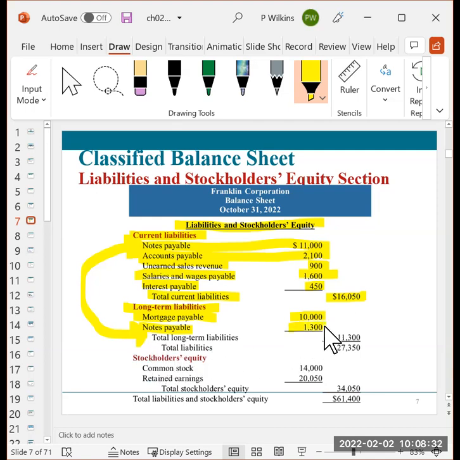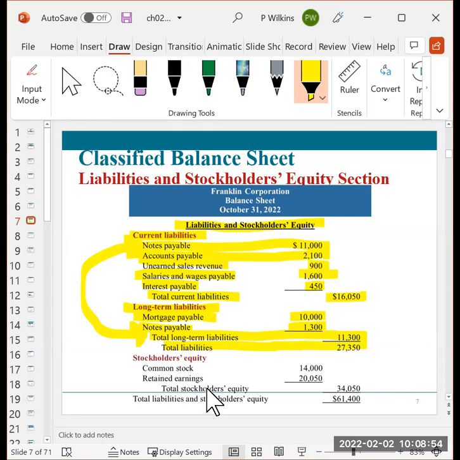So you list the long-term notes payable, add those two together and push that total over for total long-term liabilities. Then you add the current liabilities and the long-term liabilities, and that gives you total liabilities of 27,350.